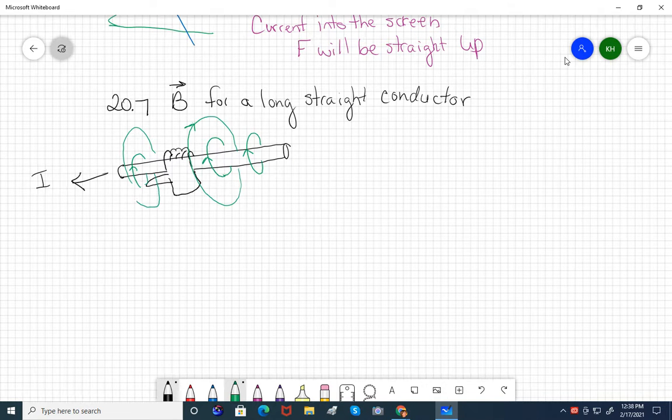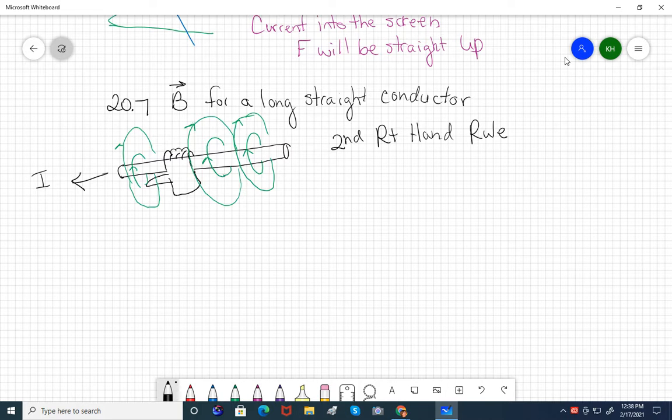How much weaker? Well, this brings us to our first new equation, a formula that's going to give us the magnetic field strength. Let's write our direction rule first. Second right-hand rule. We'll actually get a third rule, but not until the next chapter. So only 2 right-hand rules in this chapter. Step 1, point the thumb of your right hand with the current.